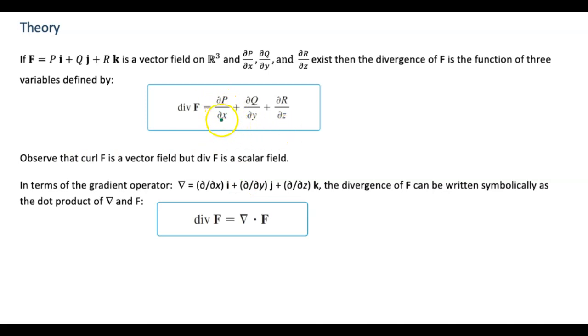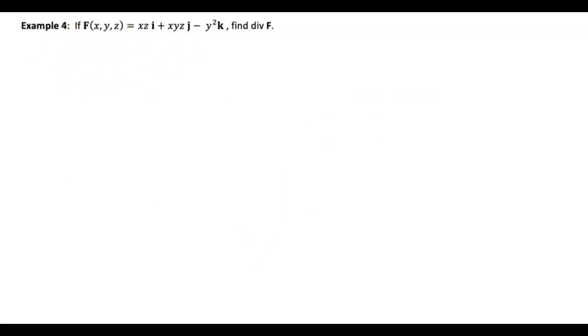Because we're taking partial with respect to x, partial with respect to y, and partial with respect to z, well, this looks a whole lot like del. And then when we talk about f, we said that the components of f are just p, q, and r. And so that's how we find that the divergence of f is just the dot product of this del and f.